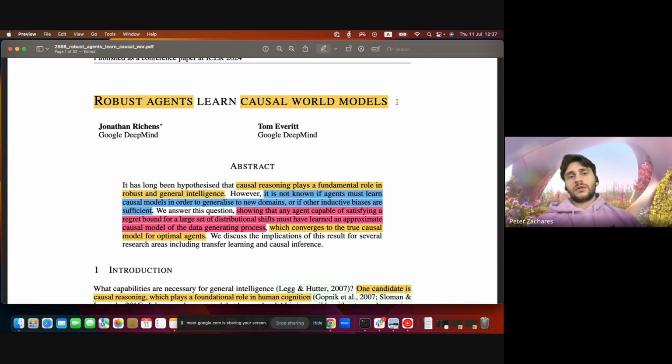So a robust agent in this case is an agent that is able to make good decisions even when there's a distribution shift, or what they call a domain shift here. So your environment changes in some way.